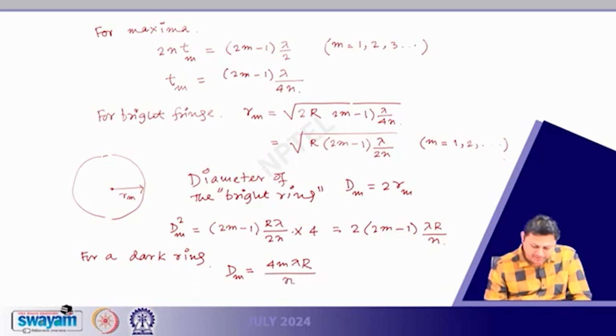That should be the value of the diameter for an mth order dark ring.